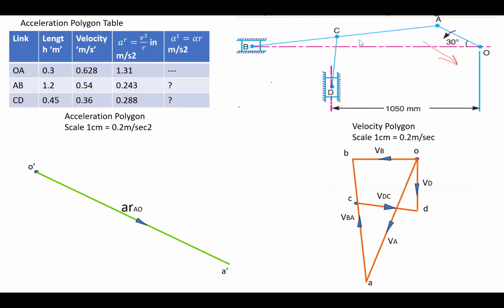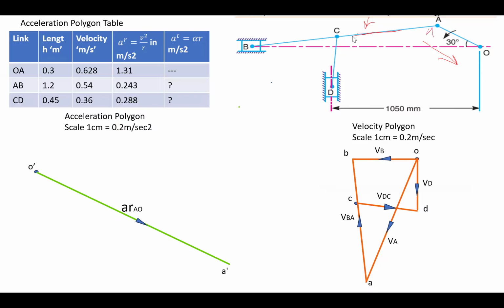Now the next link is AB. This link AB has two components of acceleration. The first one is the radial component, which is parallel to that link. The direction, remember, is always toward the center. Which is the center for AB? A will be the center.